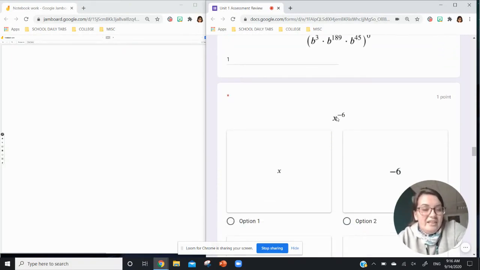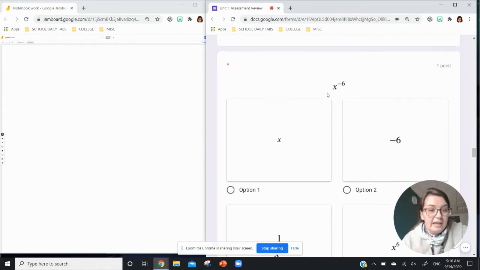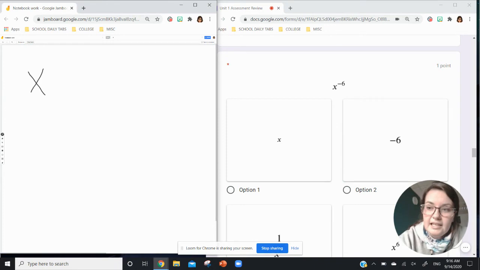Then we have a negative exponent here. So this is yet another one of our rules that we have. So we don't like negative exponents. We want to make them look positive. And to do that, we have to find the reciprocal of this. So right now, it looks like x to the negative 6.